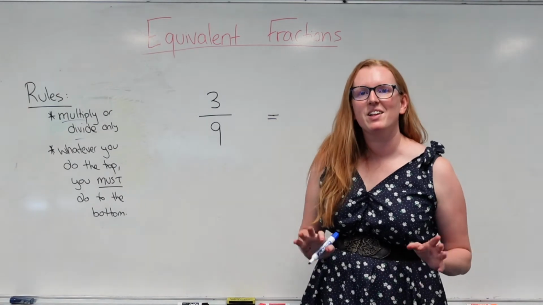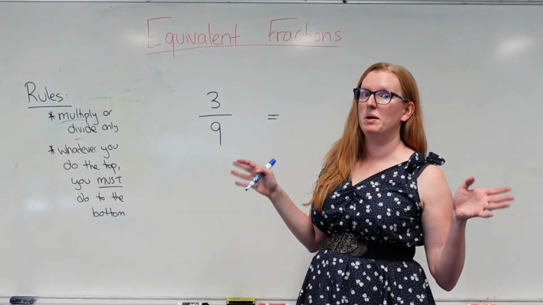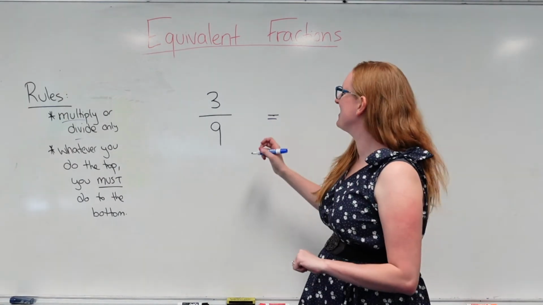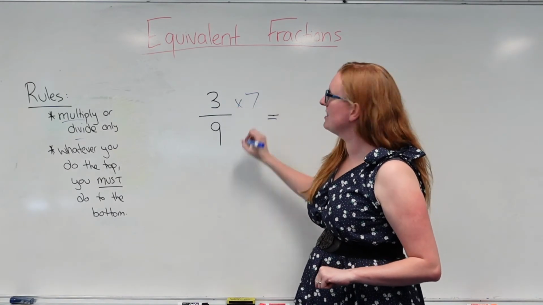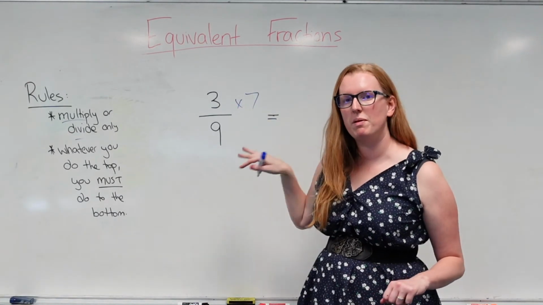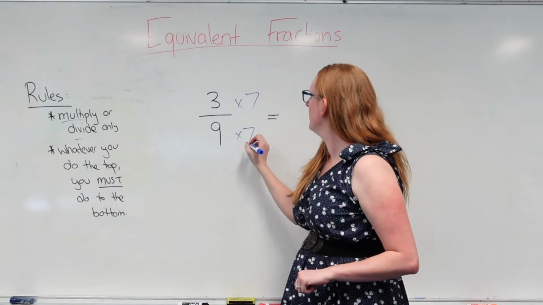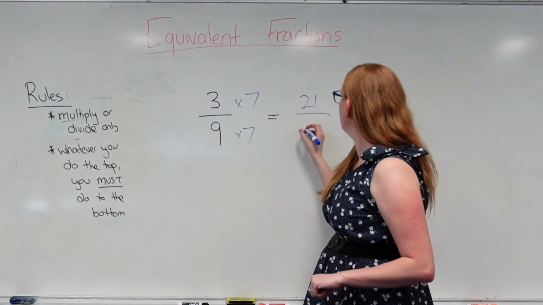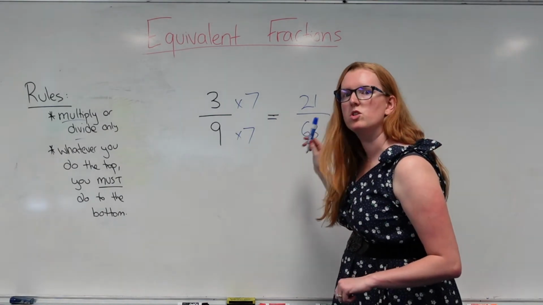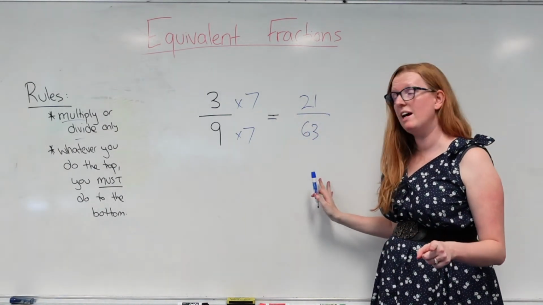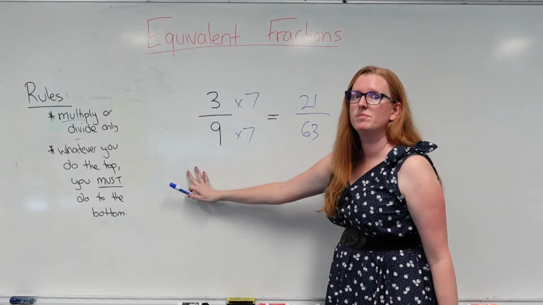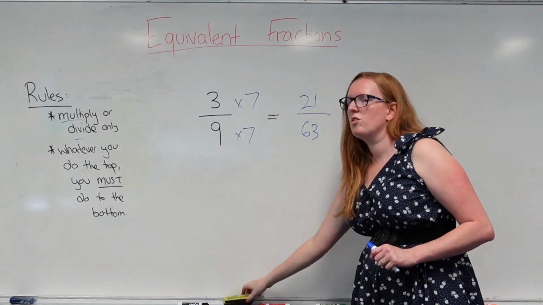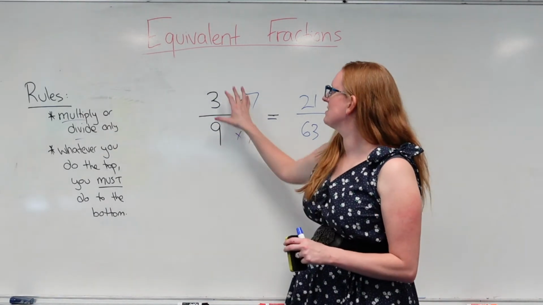All right, let's try making these numbers quite big. Okay, so we've got 3, let's times it by 7. So whatever I do to the top, I've got to do to the bottom. So 3 times 7 is 21. 9 times 7 is 63. So 21 over 63 means the same as 3 over 9. All right, now let's try dividing. Let's try making this smaller.